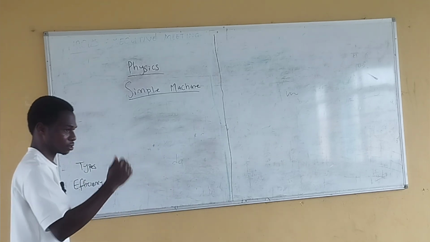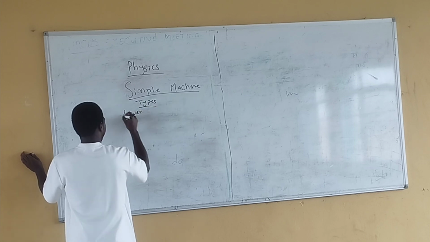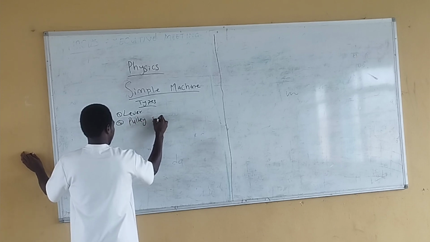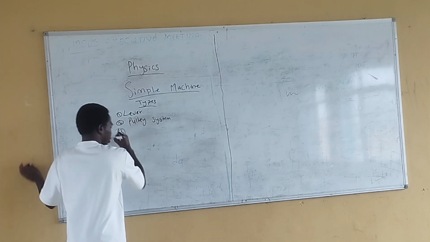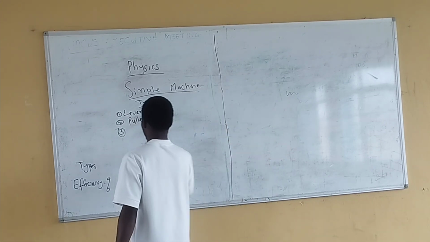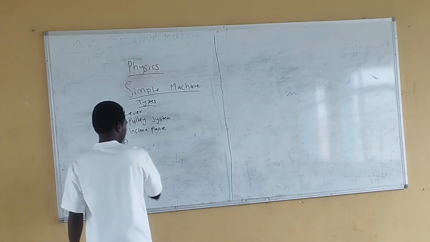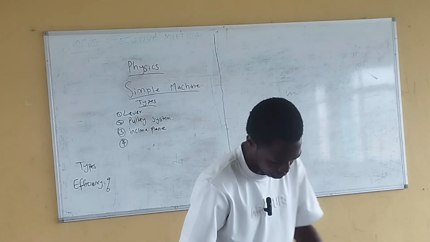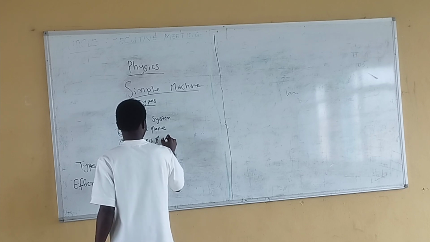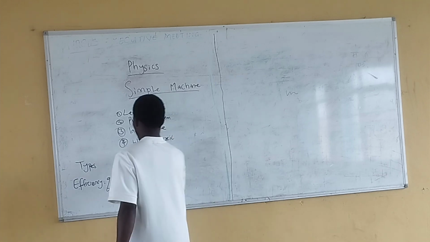In all the types of machine, we have the lever, the pulley system, the inclined plane, the wheel and axle, and the screw.